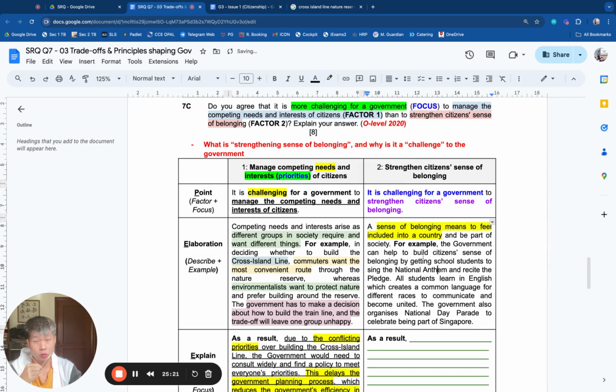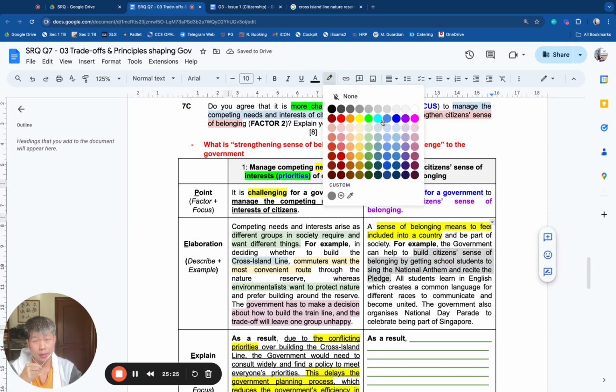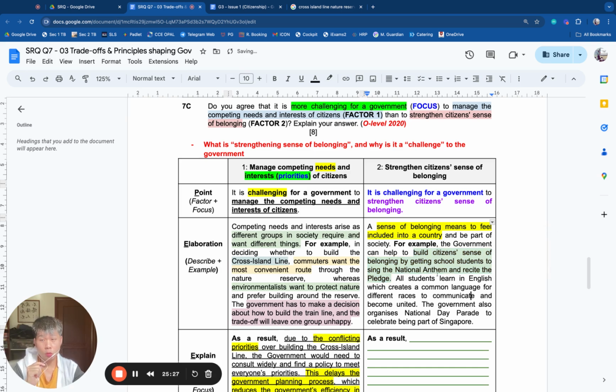And what does government do? The government can get all of you to sing the national anthem and take the pledge. I intentionally use this example here in this essay to prove to you that your common knowledge, your knowledge of what happens in school, can be deployed to help you with the chapter. What else? That everyone learns English.